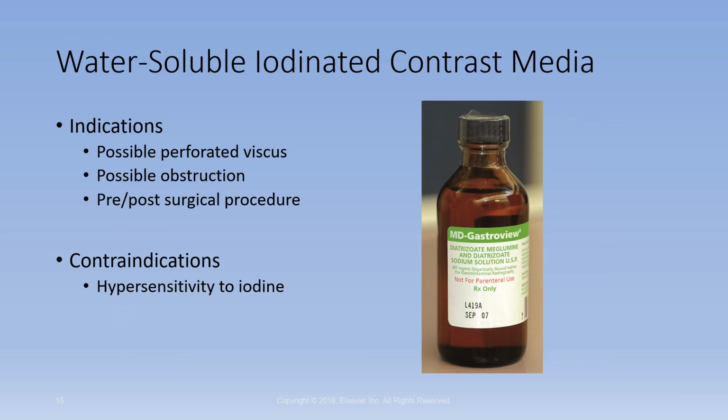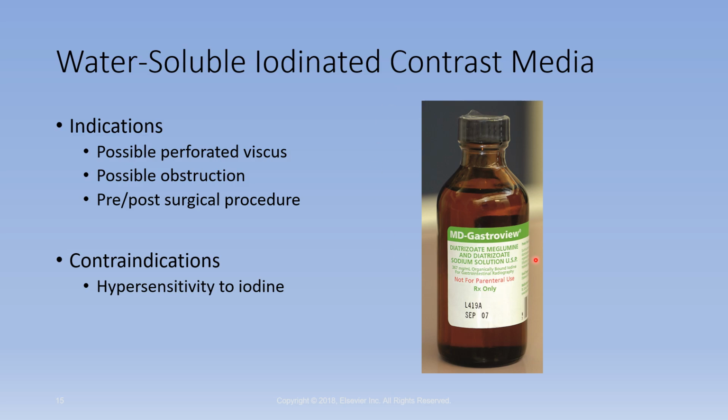Now, those contraindications we talked about. If the patient has contraindications, then they would not be given the barium, but they would be given water-soluble iodinated contrast media. That is on page 474, figure 12.5. They show you a smaller bottle of Gastrografin.